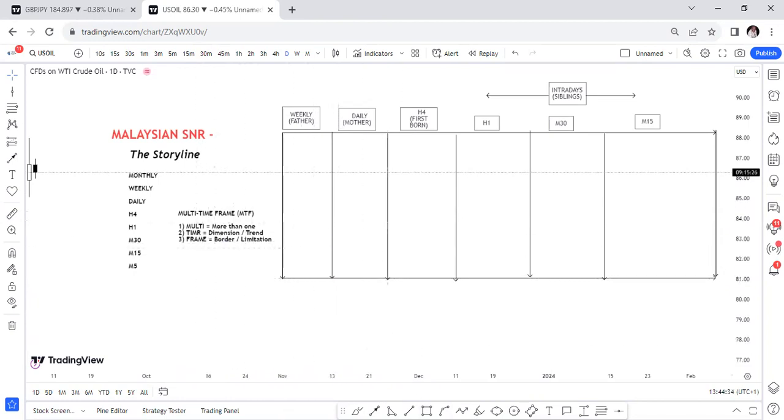So for example, if you have this candlestick as a monthly time frame, in this candlestick as a whole, you must see a borderline of daily like this.